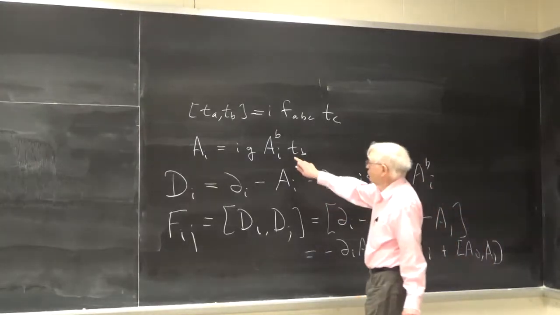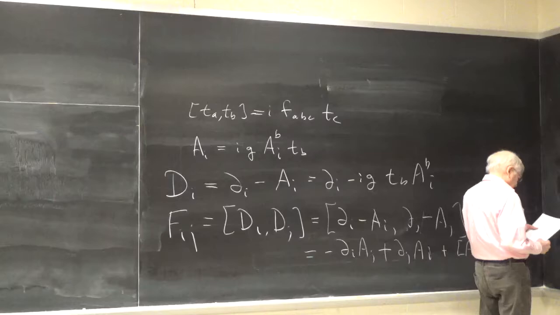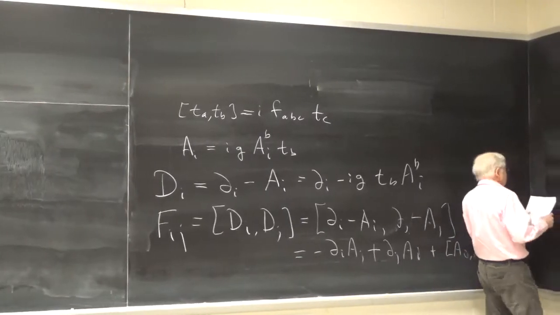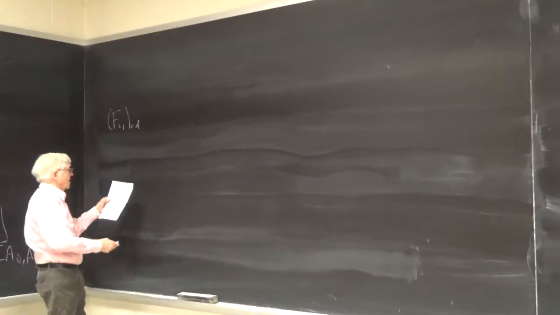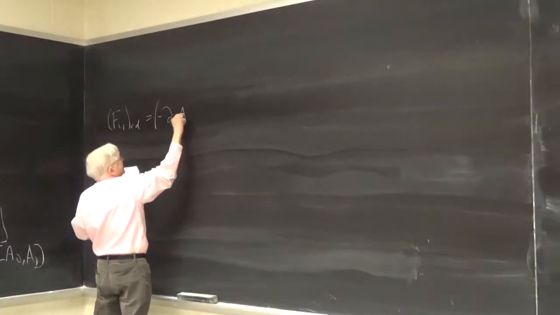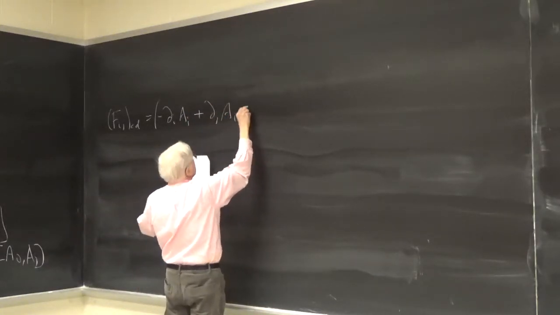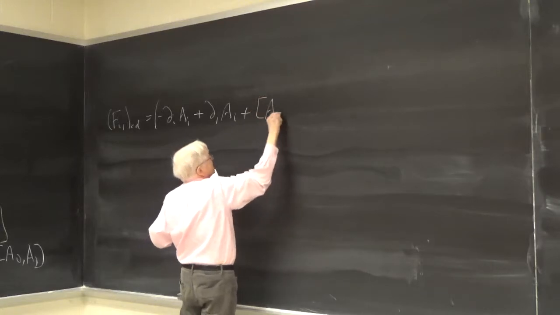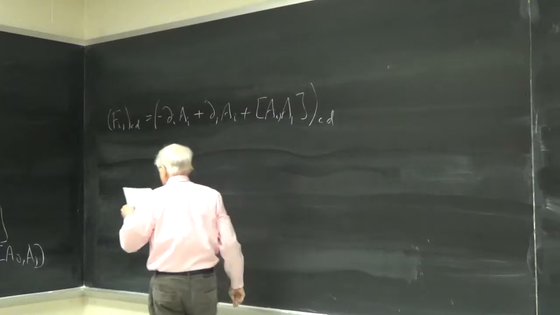If we write this in terms of the generators, then what we've got is F_ij, and we're looking, say, at the CD matrix element. What we have is minus D_i A_j plus D_j A_i plus A_i A_j, all that CD.